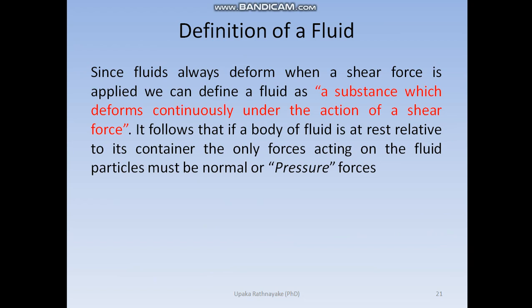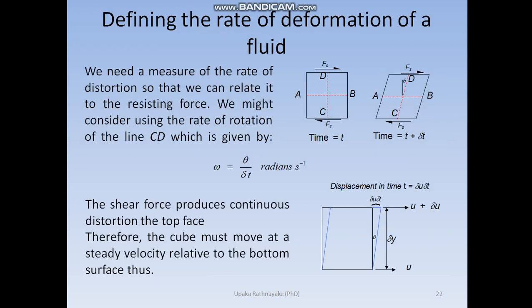You don't really have to remember or cram this definition, but just read it and understand it. Now, let us talk a bit on the distortion due to shear. If we consider the rate of distortion, it has to be proportional to the applied shear force.